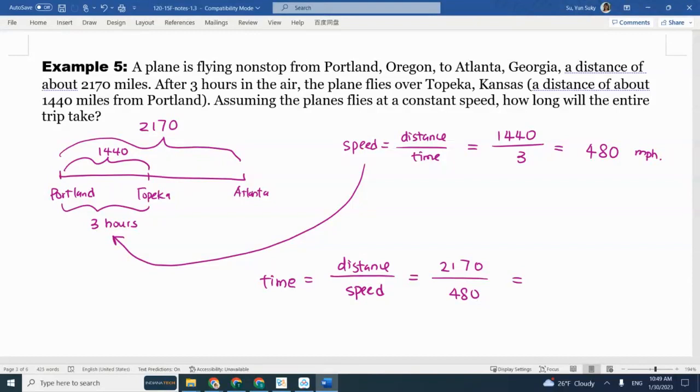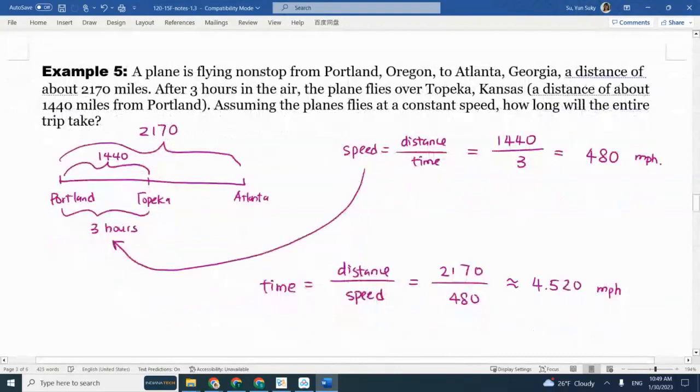Give me 3 decimal places. 4.521 hours. This is time. Time is in hours. By the way, when you round numbers, if the next digit is less than or equal to 4, we just round down. If the next digit is greater or equal to 5, we round up. Right, everybody? So for application problems, keep 3 decimal places, or if it is the exact number, keep it like this.